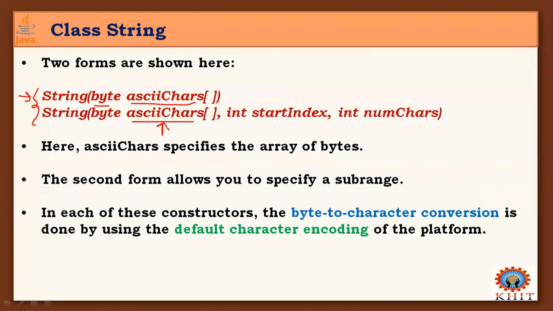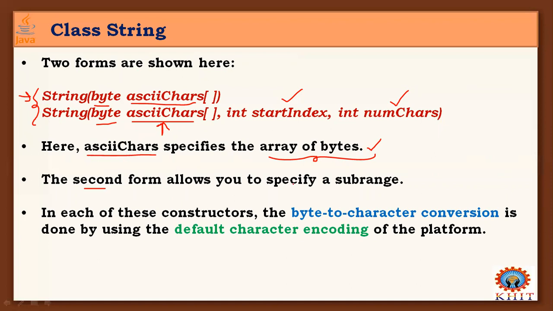It is the array name, and the array type is byte. Okay, and with starting index and number of characters, the previous same two constructor types we have here for byte characters. So here this array specifies the array of bytes.